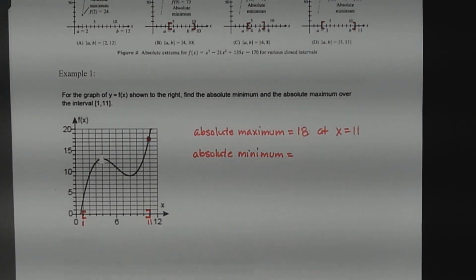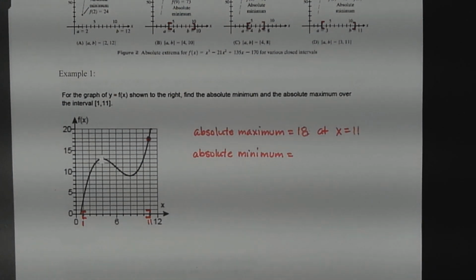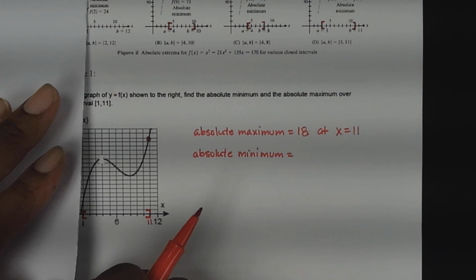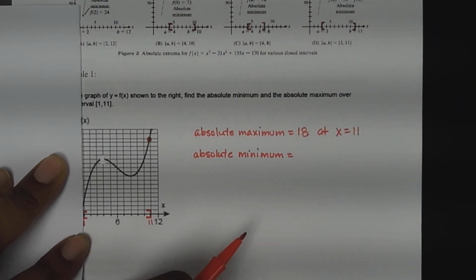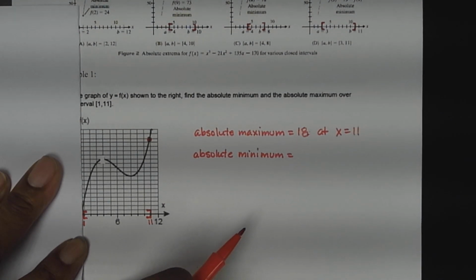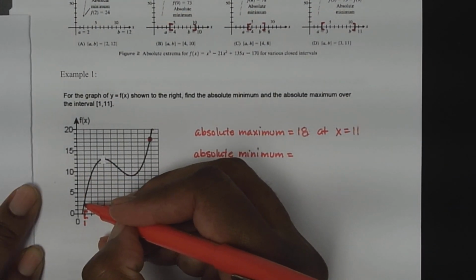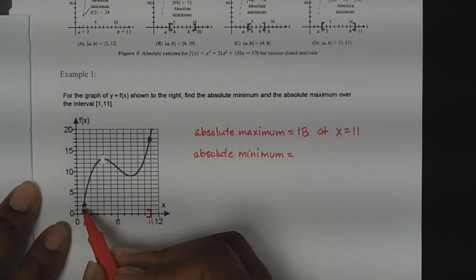Now for the absolute minimum. That's the smallest y value it would ever reach. Going from 1 to 11, if I cover this part up, anything to the left of 1, we can see our lowest y value will be about right here. And it occurs at x equals 1.